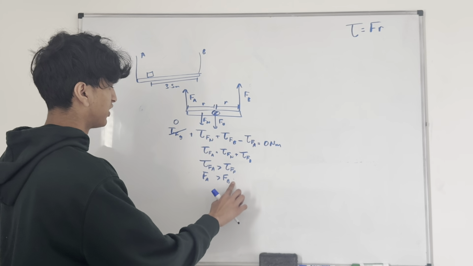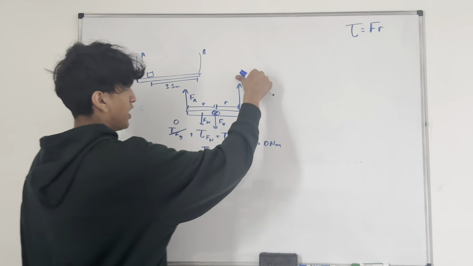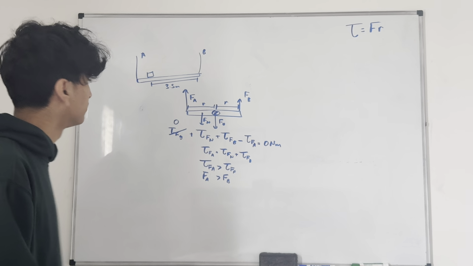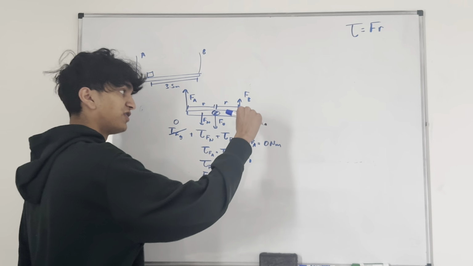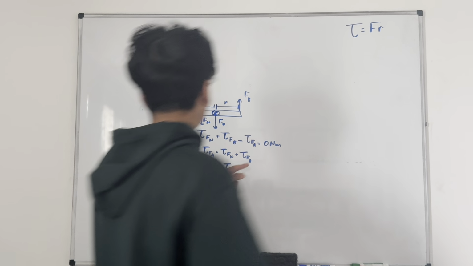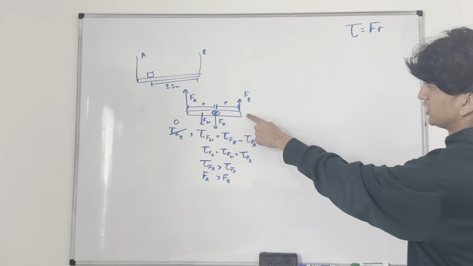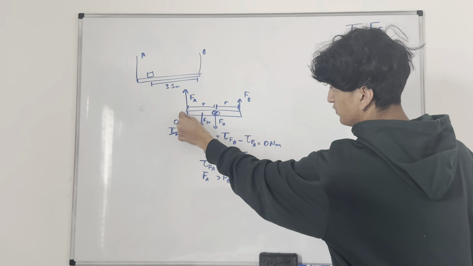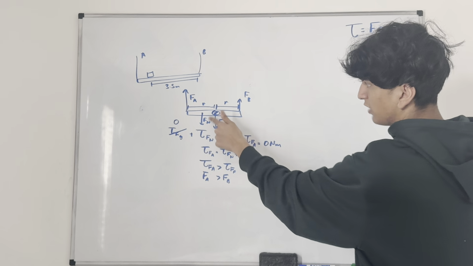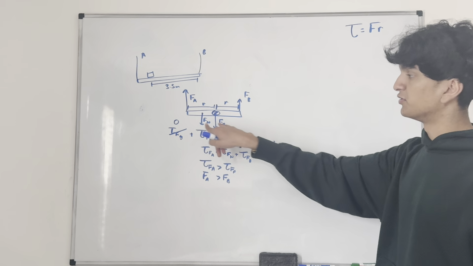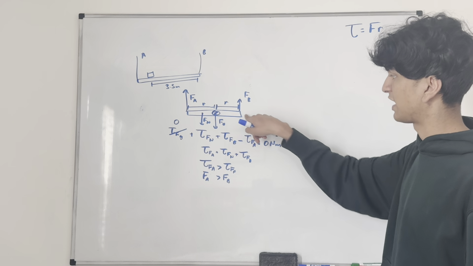Fa is going to be greater than Fb, so I can even update my little thing. There's other ways to look at it, right? You could choose an axis of rotation right here. And what that shows is, from this axis of rotation, it's going to be the length of the beam plus Fg. And then the torque by Fa needs to balance out these two torques when you're looking at this axis of rotation.